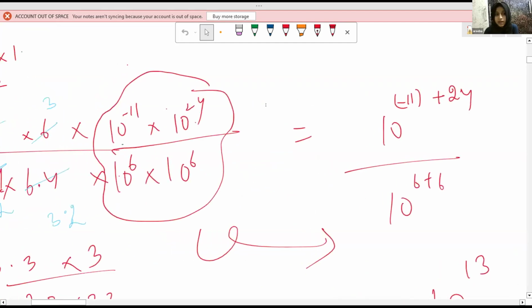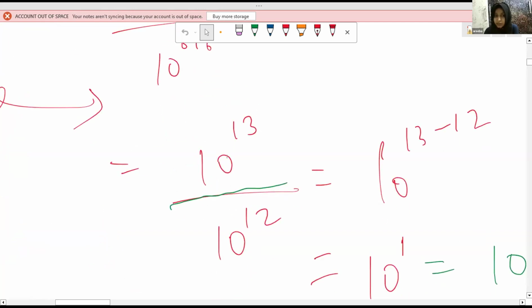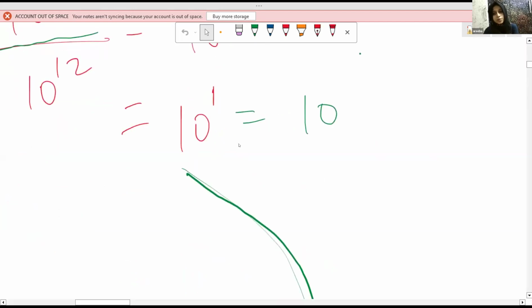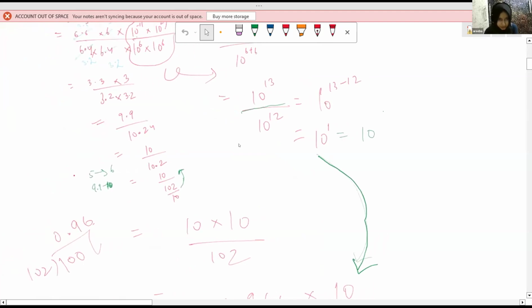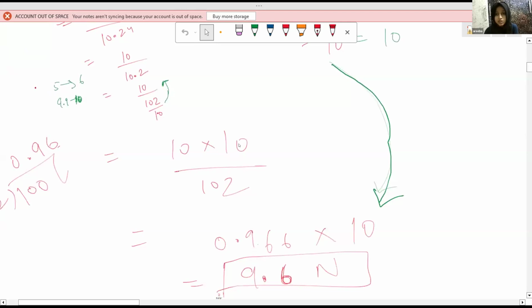When the bases are same and the powers are getting divided, the powers get subtracted. So we have ultimately got 10 raised to the power 1, or simply 10. Hence, after simplification, the answer is 9.6 Newtons. Why Newton? Because it is a force and the unit of force is Newton only. Got it?